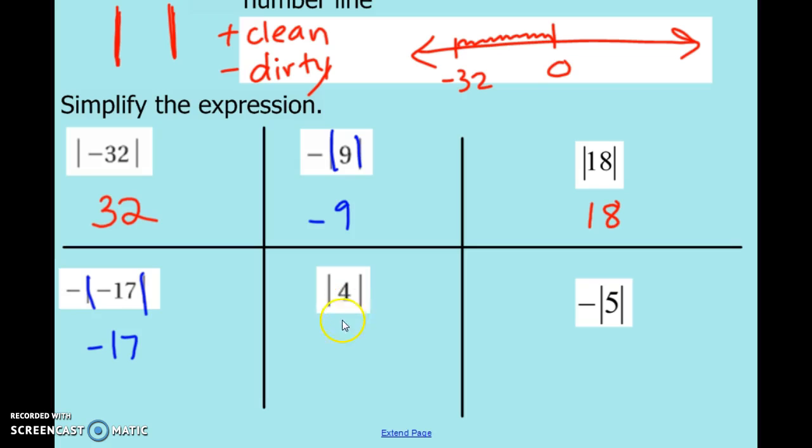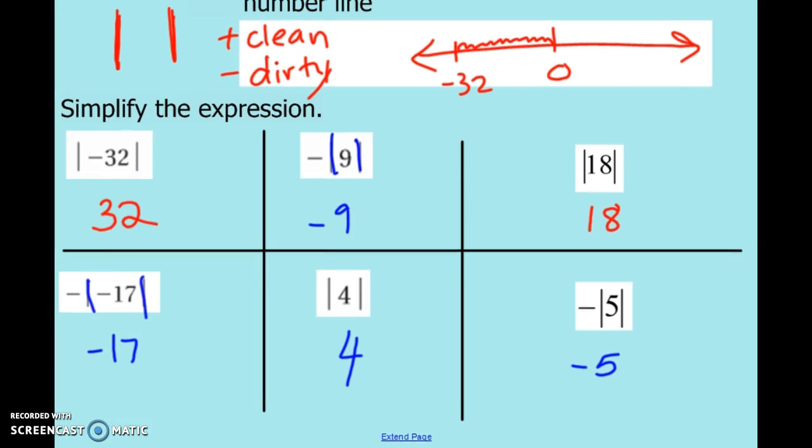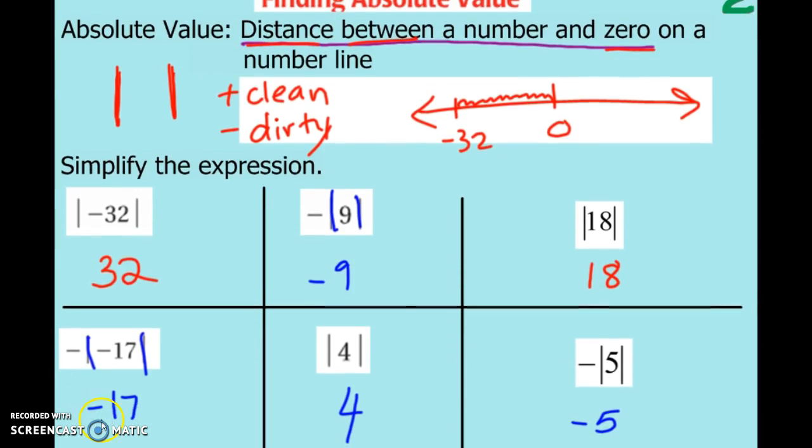In the middle, 4 goes in the shower clean, also comes out clean. It's just 4, there's no negatives there. And then last, the absolute value of 5 goes in the shower clean, comes out clean, but then on the outside someone threw dirt on you. There's a quick overview of absolute value, and then previously we did opposites.